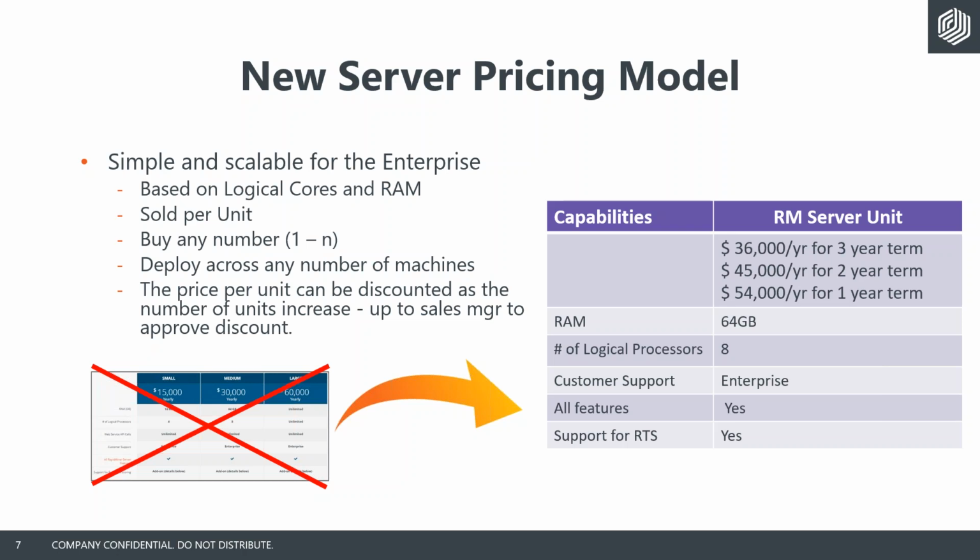The incentive to do 3-year terms, you can see here as well. That's $36,000 per unit. If you sell just a 1-year term, the price is pretty much 50% higher. So we try to really drive now towards the 3-year term, more flexibility in your deployment options, so that you can scale as needed.